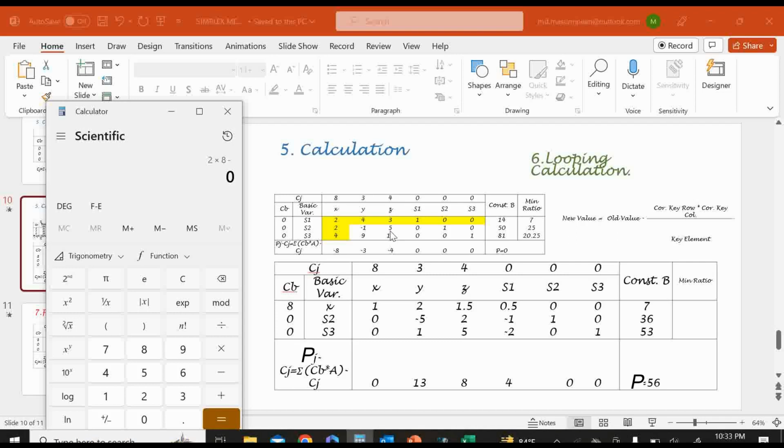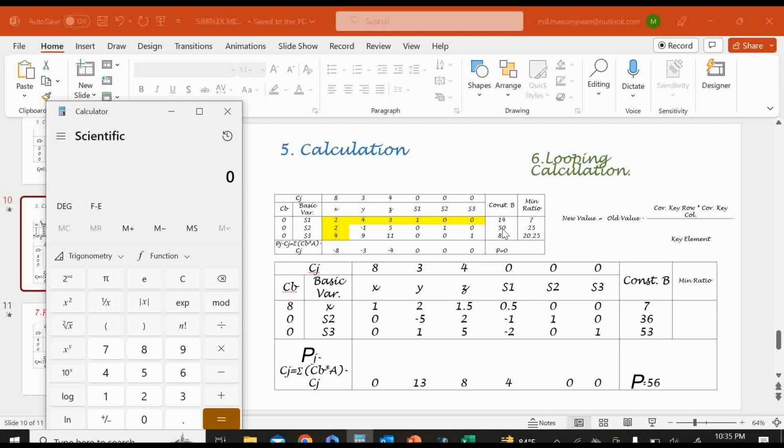We had our old value 5 minus the corresponding key column value, which is 2, times the corresponding key row value, which is 3, divided by key element, which is 2, equal to 2. So 5 becomes 2.